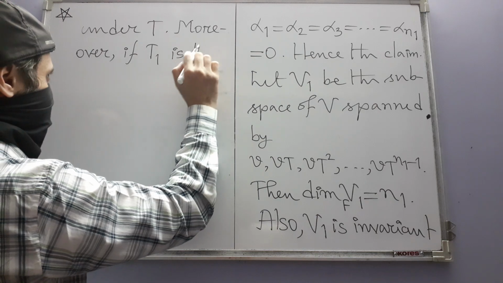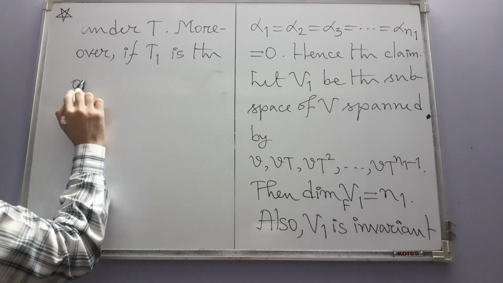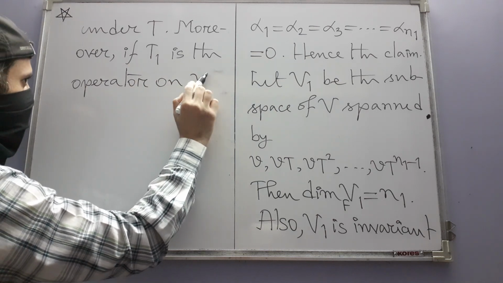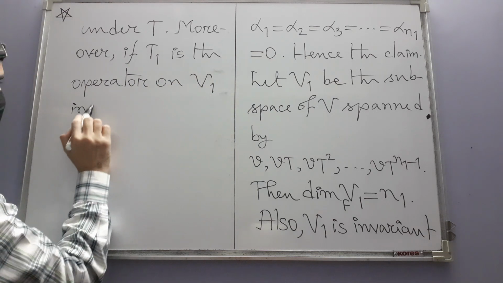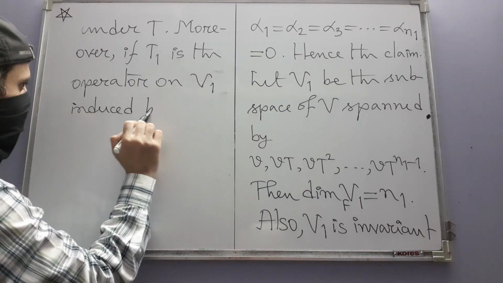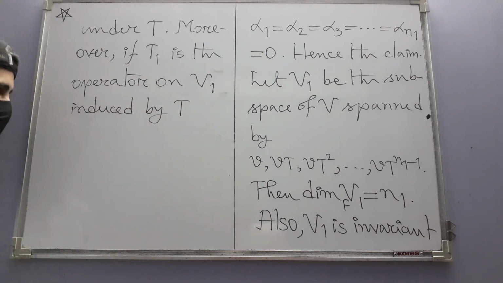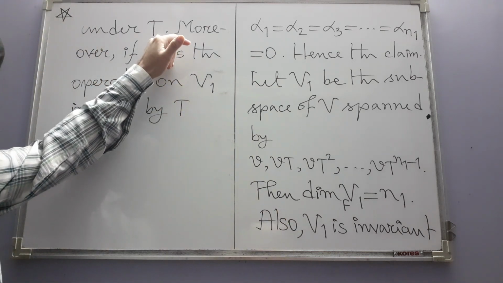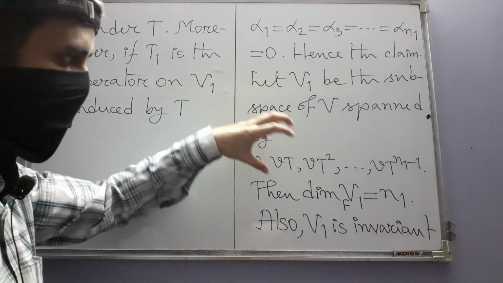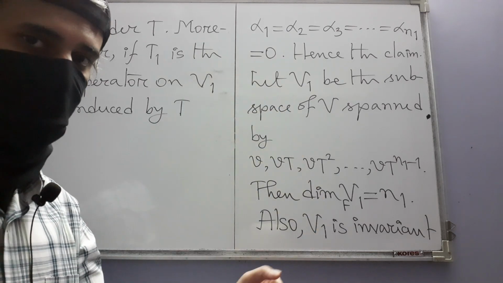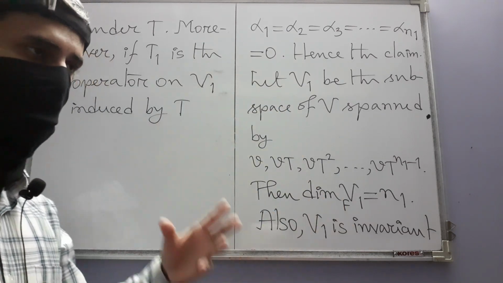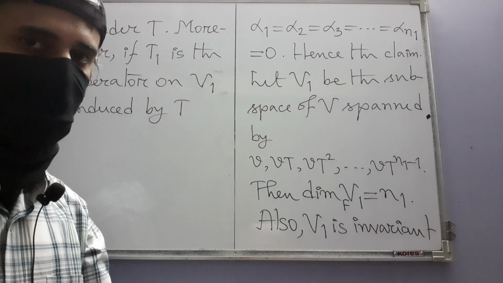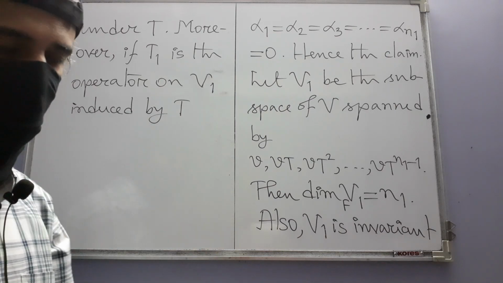If T1 is the operator on V1 induced by T. Because V1 is a subspace of V, you can restrict your original operator T to V1. And because V1 is invariant under T, this restriction which we are calling T1 will take you from V1 to V1 again, and in fact it will become an operator on V1.